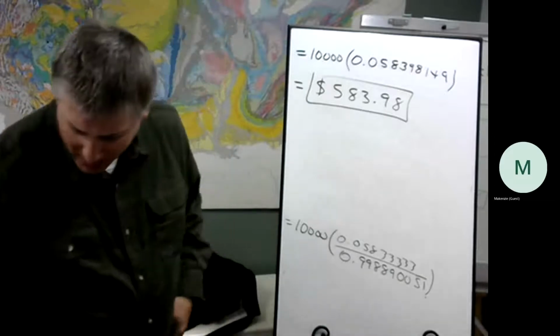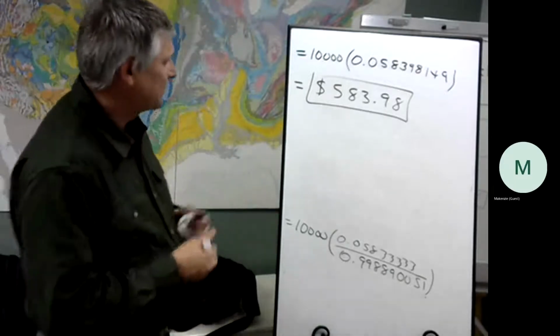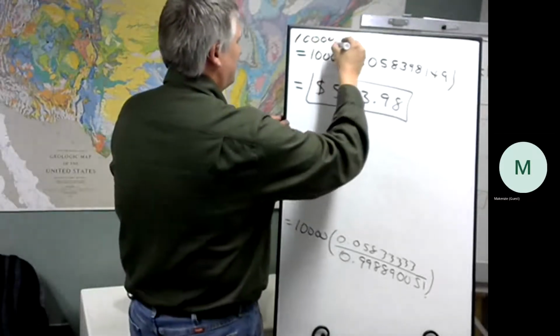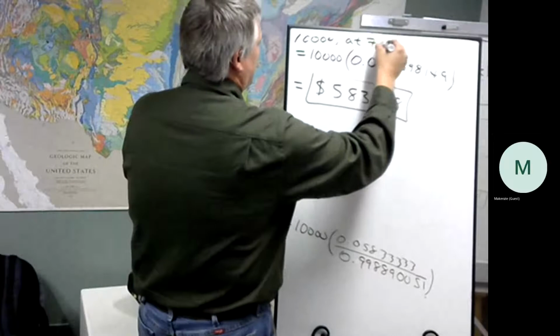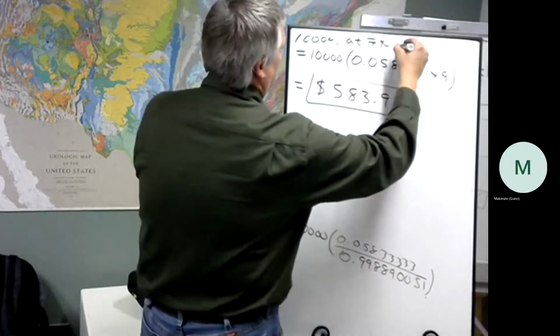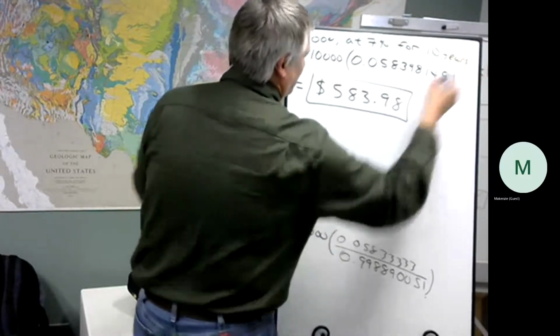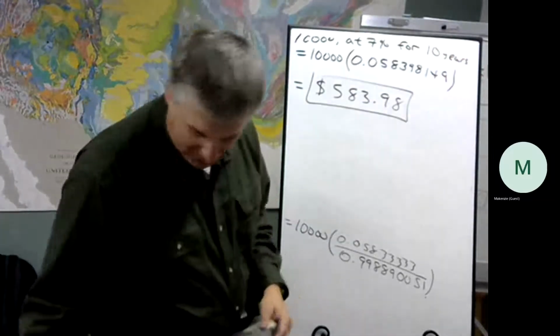Now, one of the questions they'll ask you in these is this. I'm just going to write down our data. This was $10,000 at 7% for 10 years. Let me just double check here.